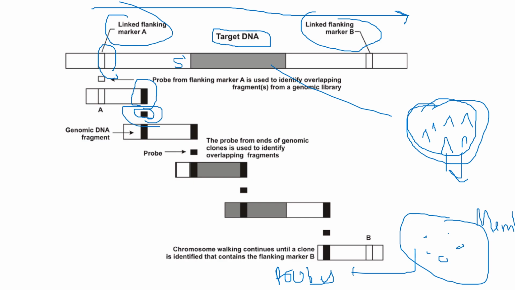This probe will identify any colony, say for example this colony, number 2 colony. So this means this colony has a complementary region to this probe. And now you will isolate the DNA from this colony, and you will sequence it, and you will find the remaining region.